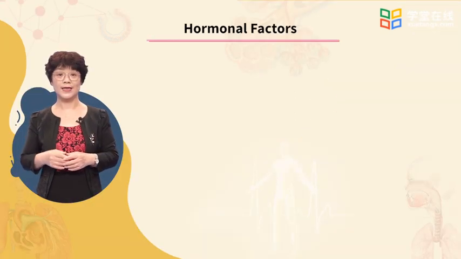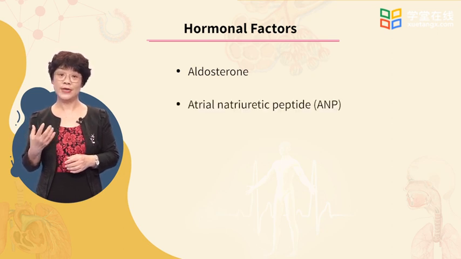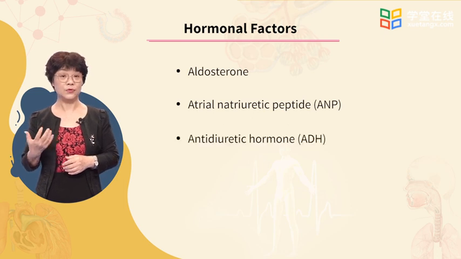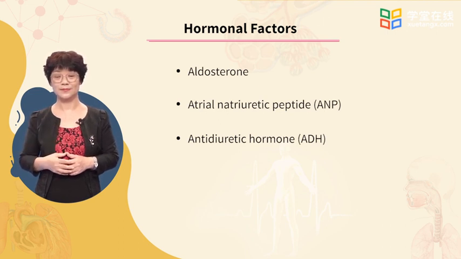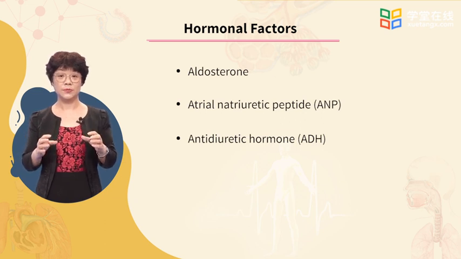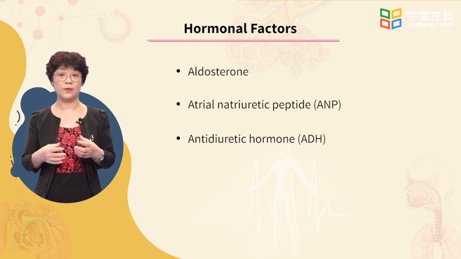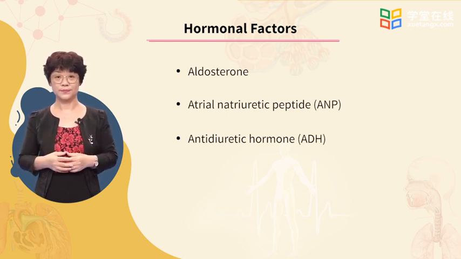Several hormones like aldosterone, atrial natriuretic peptide, ANP, and antidiuretic hormone, ADH, are involved in the regulation of tubular reabsorption. By changing reabsorption of sodium and water, kidneys help to maintain normal blood volume and blood pressure.